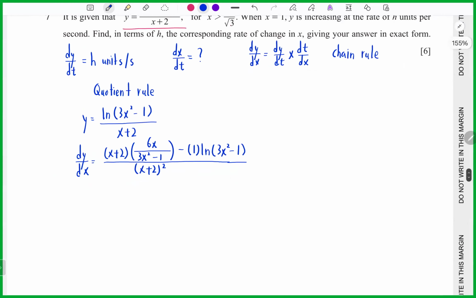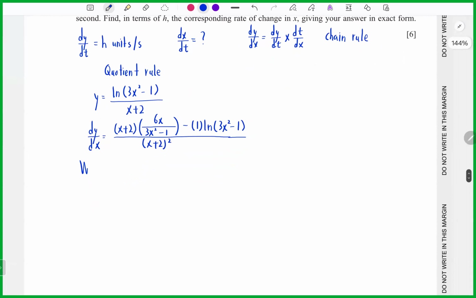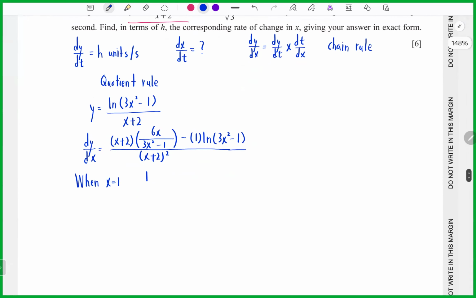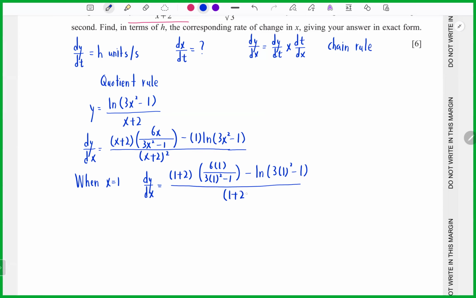Now we need to find the value of dy/dx first. So you can write here, when x equals 1, dy/dx equals (1 plus 2) bracket, 6 times 1 over 3 times 1 squared minus 1, minus ln of (3 times 1 squared minus 1), and then over here (1 plus 2) squared.